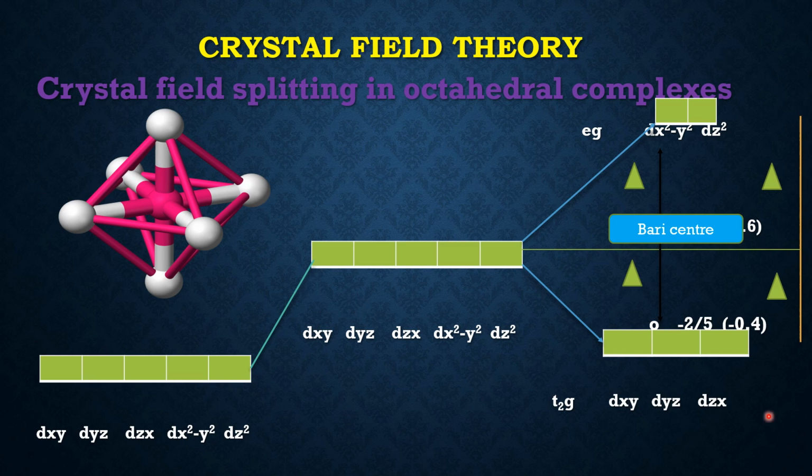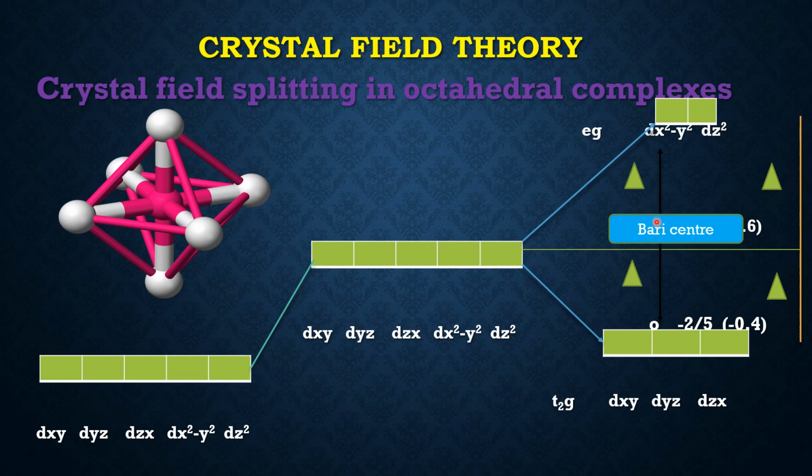This whole splitting we consider as 1. Between the axes we make a line. This line, the normal complex formation ligand line, is called the barycenter. The barycenter is the center of the complex formation.